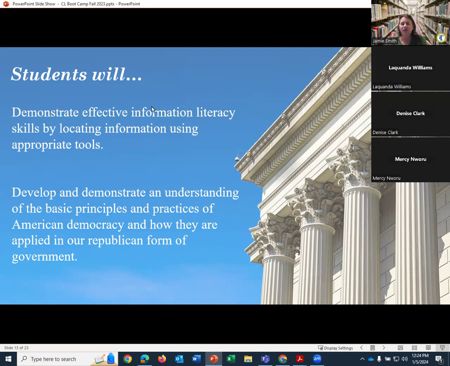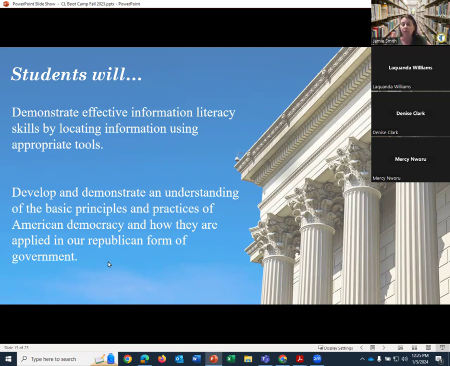This particular one, the rest of the objectives are written exactly like the competencies of the literacy test. So it says, develop and demonstrate an understanding of the basic principles and practices of American democracy and how they are applied in our Republican form of government.